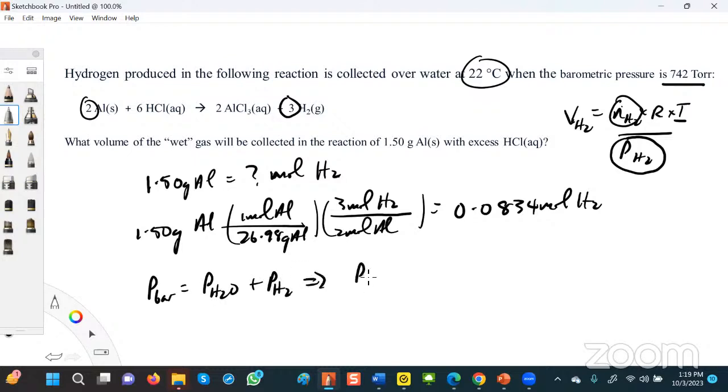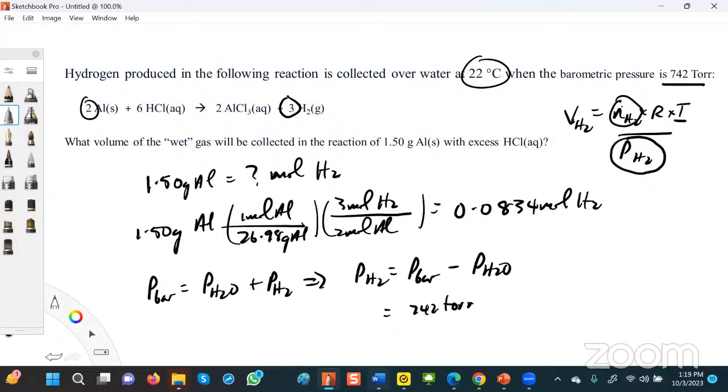So what we need to do is find the pressure of hydrogen, which is equal to the barometric pressure minus the vapor pressure of water. The barometric pressure is 742 torr, and the vapor pressure of water is not given, so if I were to give you this question, I would have to provide that value to you.